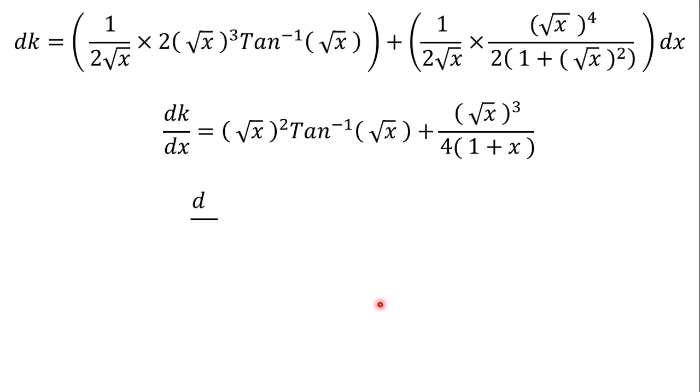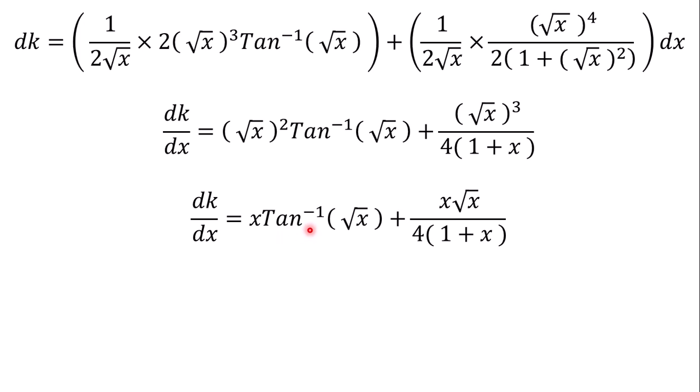So dk over dx is equal to x multiplied by tangent inverse of square root of x plus, as I said, this one here can be written as x multiplied by square root of x divided by 4 into bracket 1 plus x. When you reach here, please don't open the bracket. Don't multiply it, because when you are computing your final answer, you will still have to factor it out.